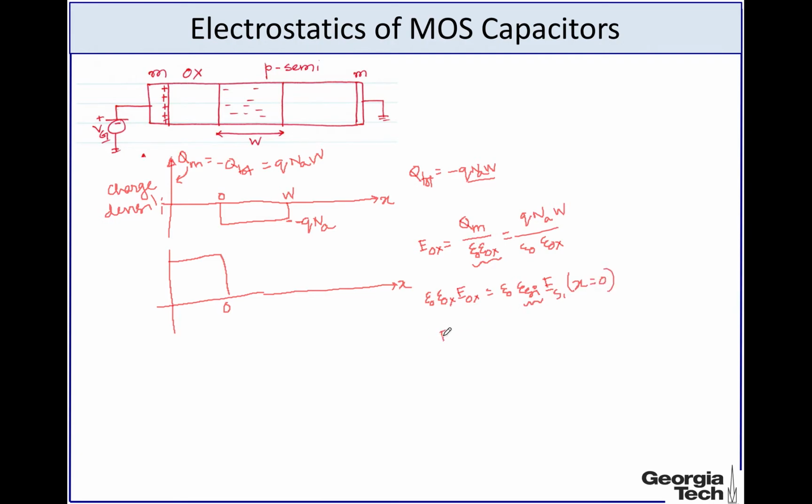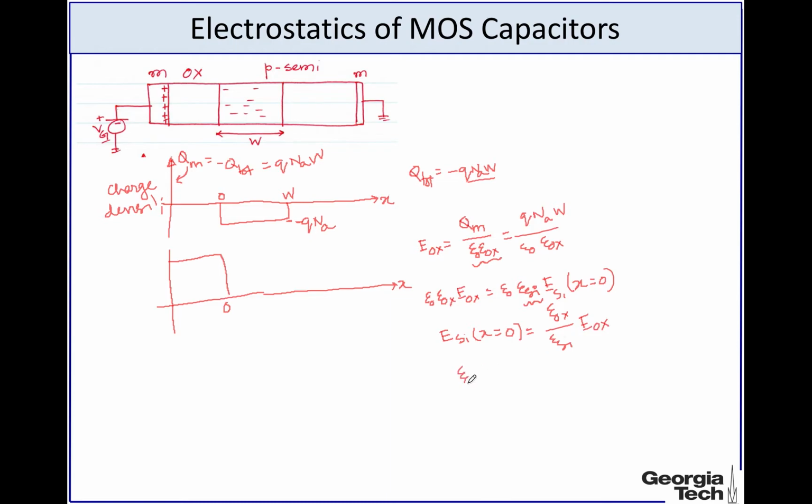So essentially the electric field in the silicon at x equals 0 will be equal to epsilon ox divided by epsilon silicon multiplied by Eox.